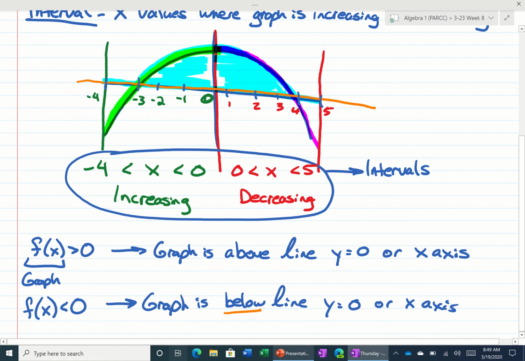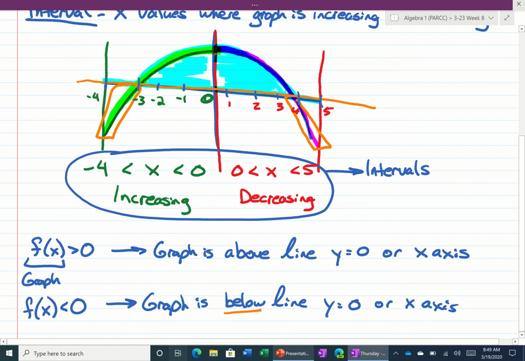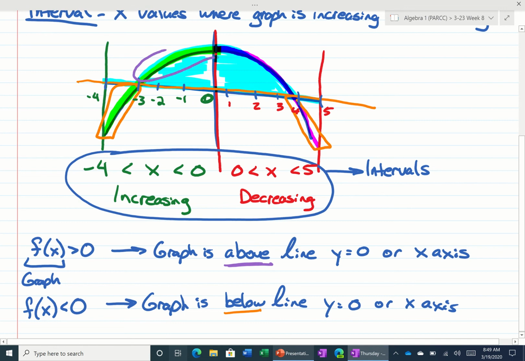The graph is below it right here, and right here. That's what it means for the graph to be below the line y equals 0. And if a graph is above the line y equals 0, that would happen right here. That area graph is above the x-axis.